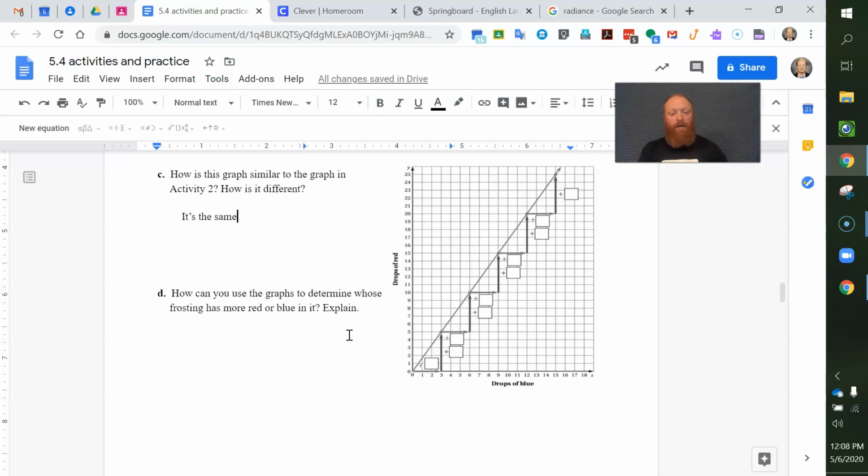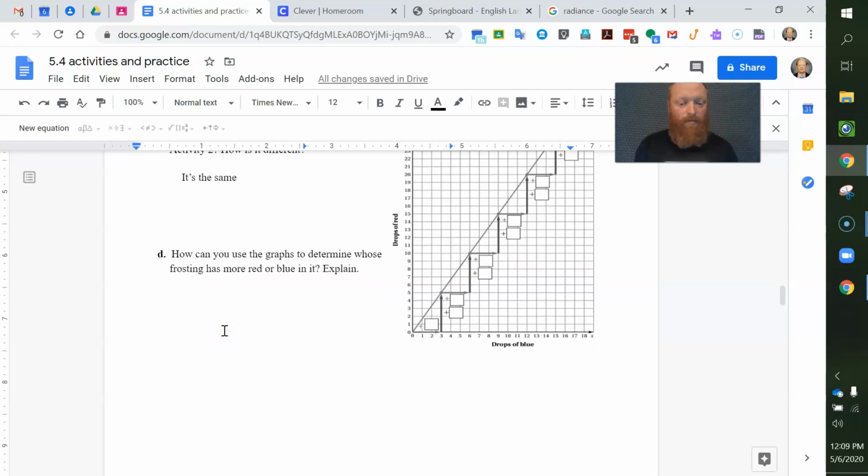Explain. So, we go over 3 up by 5, over 3 up by 5, over 3 up by 5, over 3 up by 5. Okay? So this would be how can you use the graphs to determine whose frosting had more red or blue in it?